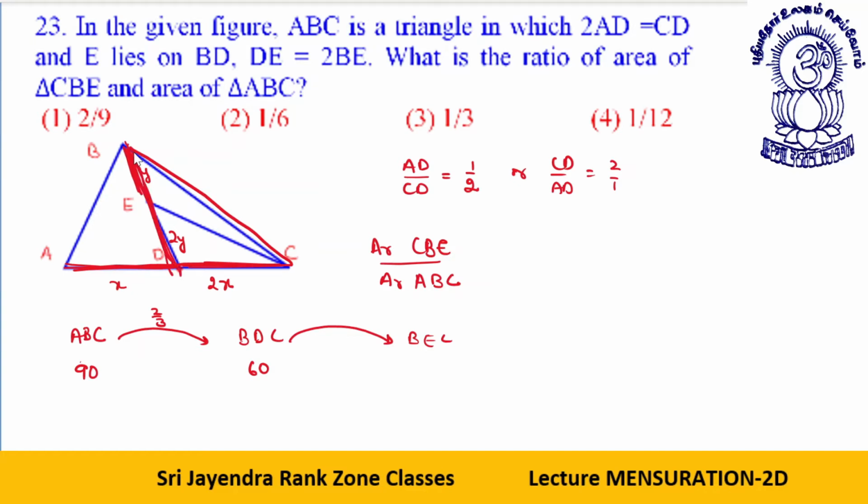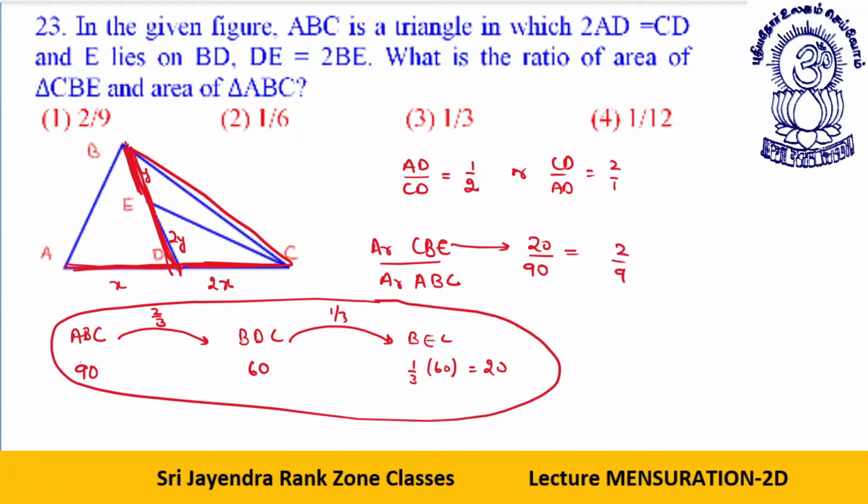So, it will be one third. So, one third of 60, that will be 20. So area of CBE is 20, but area of ABC I have assumed as 90. So this ratio comes out to be 2 by 9. I hope it is clear to all my dear students. Okay, let's move further.